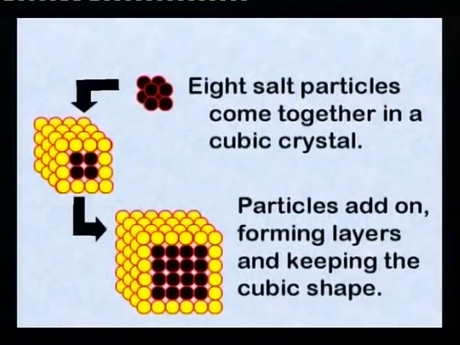Therefore, you will find that all sodium chloride crystals won't come in circle shapes, rectangle, or any other shapes. They will always have a cubical shape. Remembering that we know that particles come together and give the shape of the sodium chloride crystal.